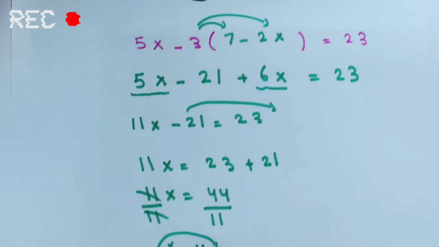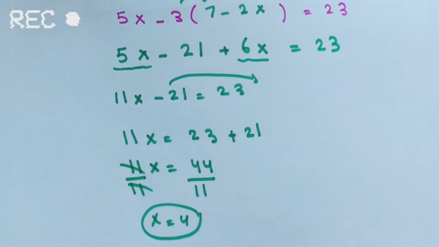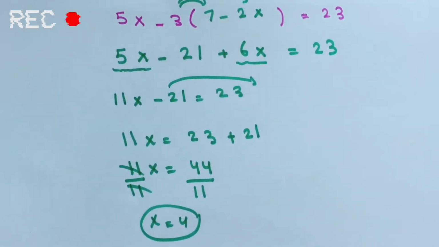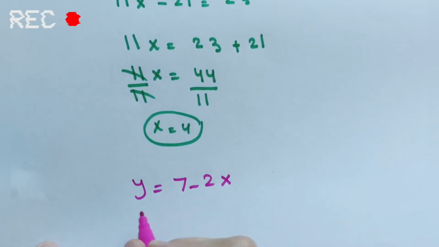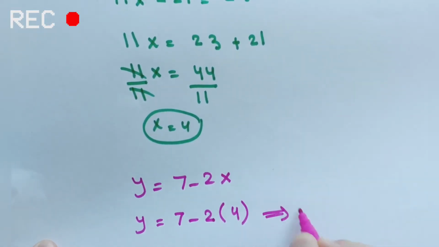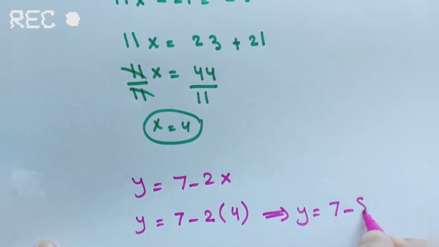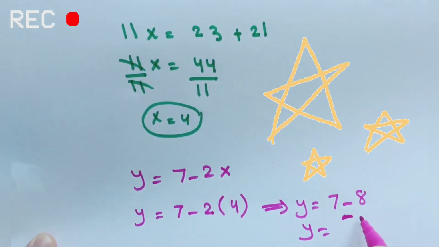So y equals 7 minus 2 times 4, which is y equals 7 minus 8, and then y equals negative 1. So this is the answer.